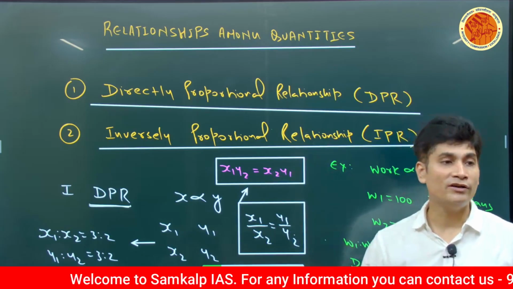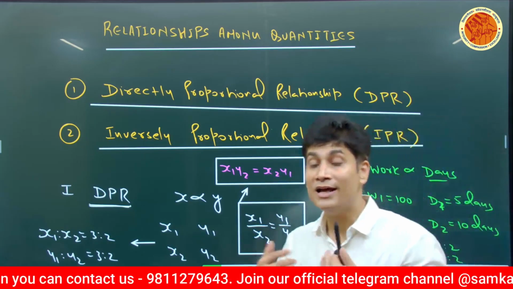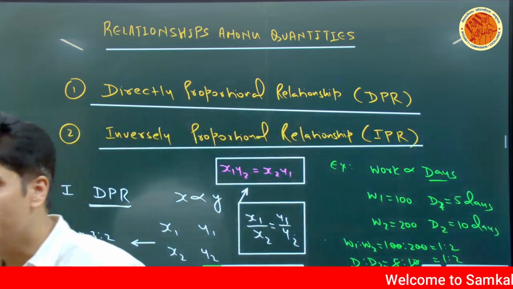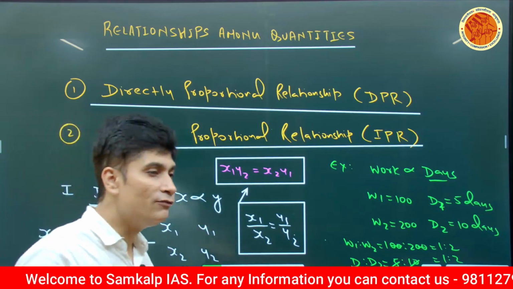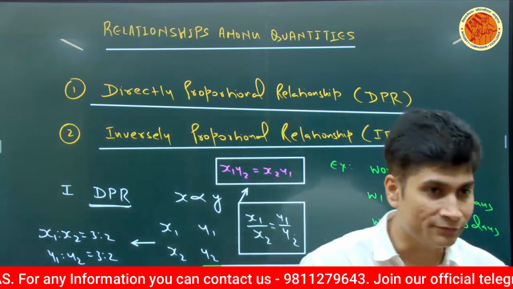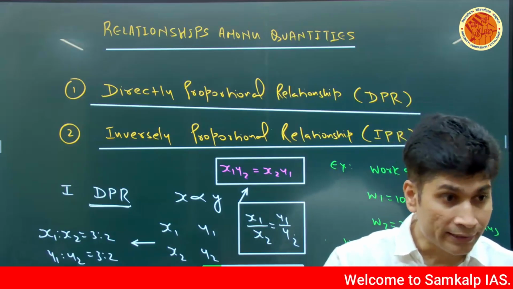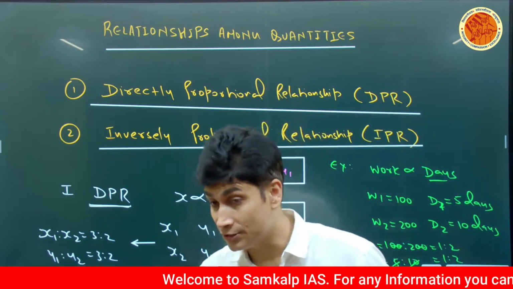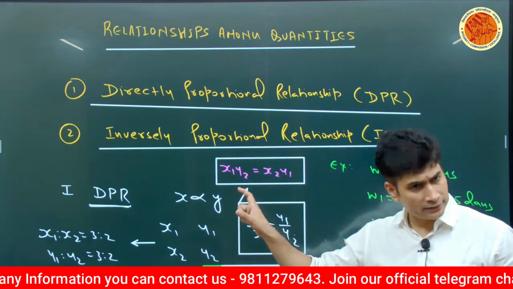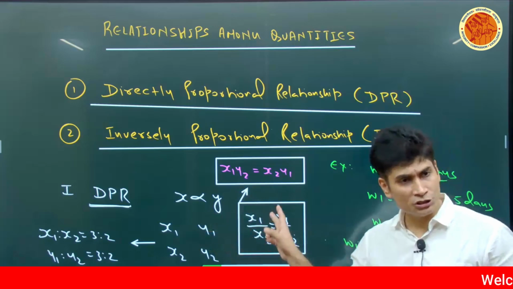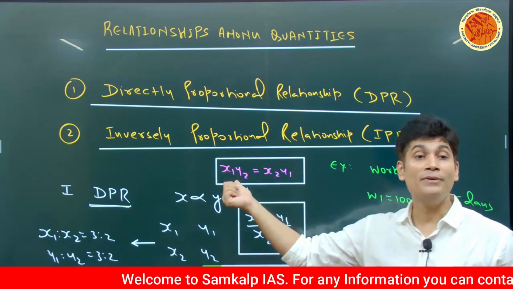That means whenever a question appears with two different quantities, first of all we'll try to analyze what kind of relationship they are in. If we are sure that they are in a directly proportional relationship, then we'll take the magnitude values in both situations and accordingly place them here, forming the equation.